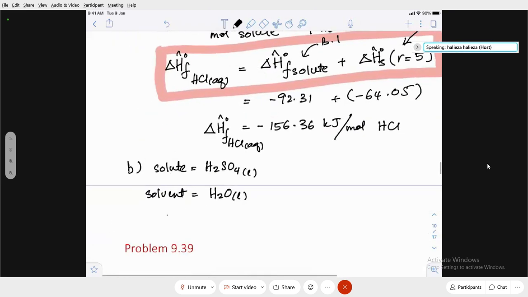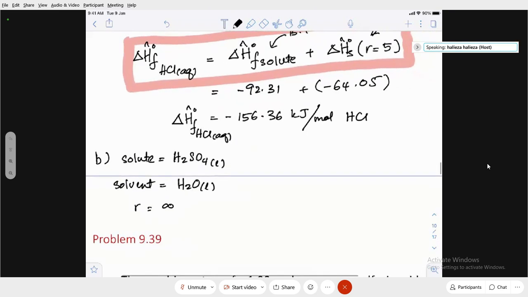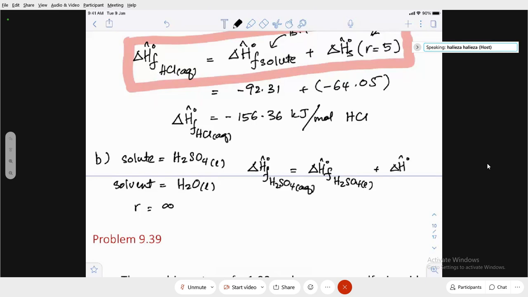So your R is equal to infinite dilution. So if you follow this equation, your heat of formation for your sulfuric acid aqueous solution is equal to your heat of formation of liquid sulfuric acid plus the heat of mixing of your sulfuric acid solution, subscript S, R equals infinity.